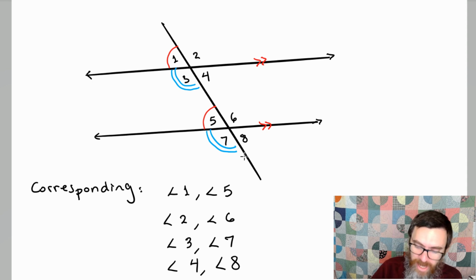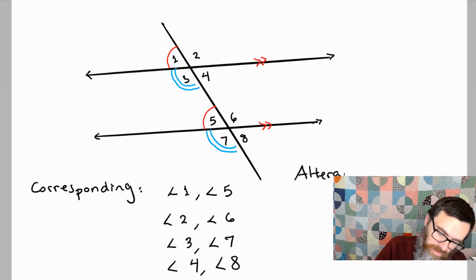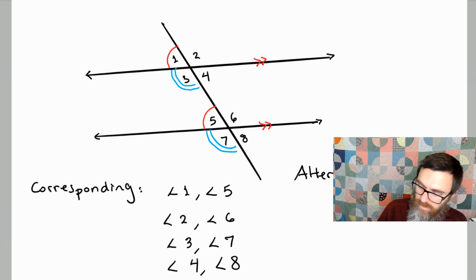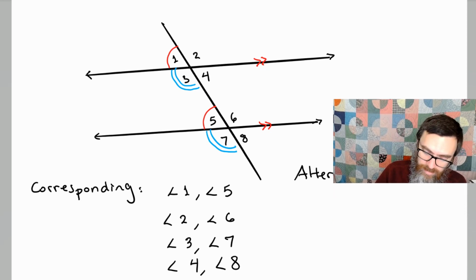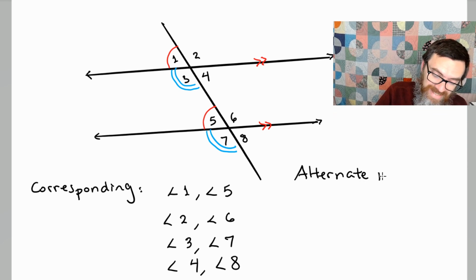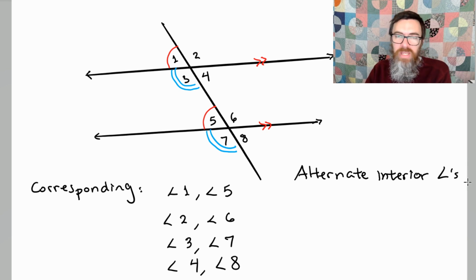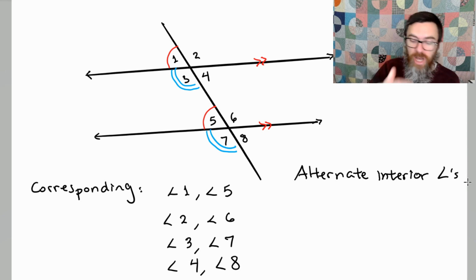But let's talk about some of the other types of angles that we have. Sorry, I left out a letter. We have alternate interior angles. So these are going to be angles that are on the inside of these parallel lines, and they're going to be alternate, so on opposite sides.